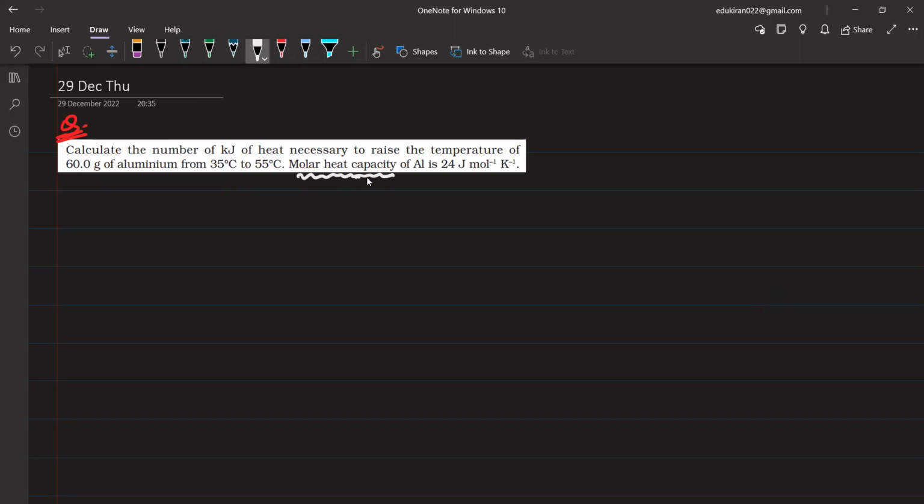Tariq, can you tell me what is the formula for molar heat capacity? Sir, given mole by number of mole of element. Molar heat capacity. Please read from your notes. I'm not asking about the number of moles. I'm asking what is the molar heat capacity?